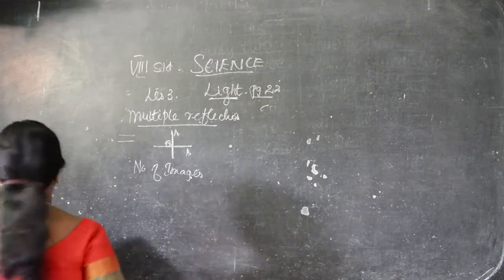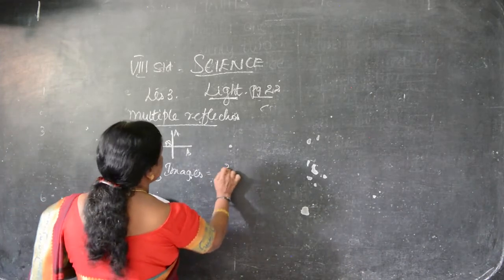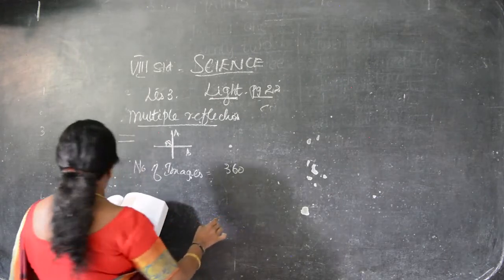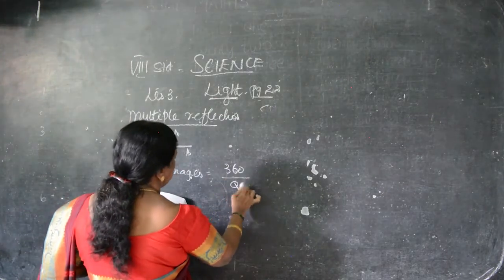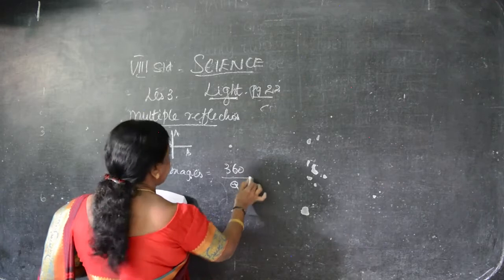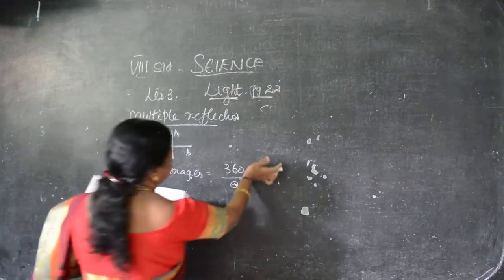To know the number of images, the formula is 360, that is the total angle of reflection, divided by theta in degrees, minus 1. This is the formula.